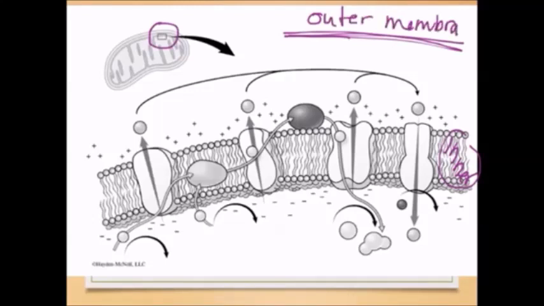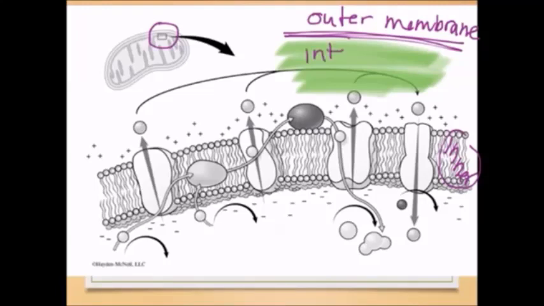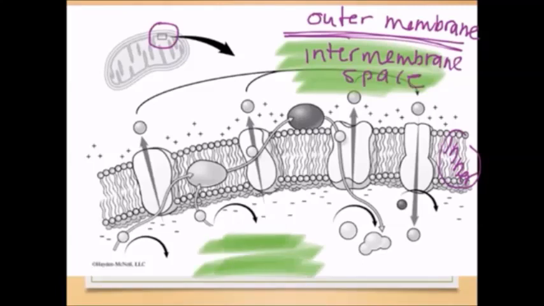In fact, we have a number of things to label on this picture. That means that this space in here is going to be the area of our intermembrane space. And that means that the area here is the inside, the innermost side of our mitochondrion, which is the matrix. So understand that we're talking about a different orientation.